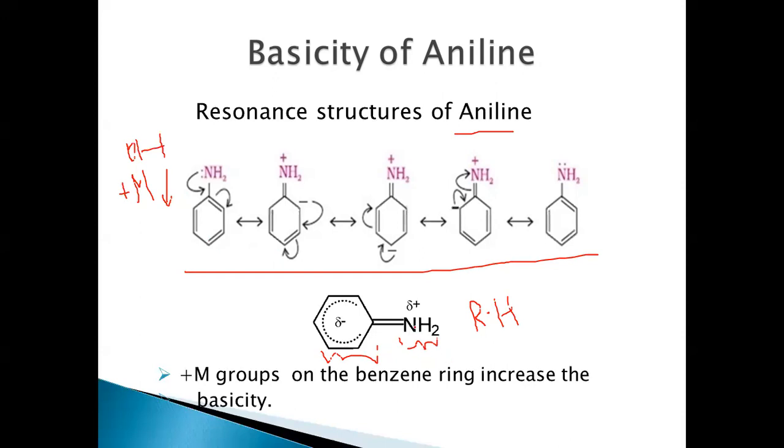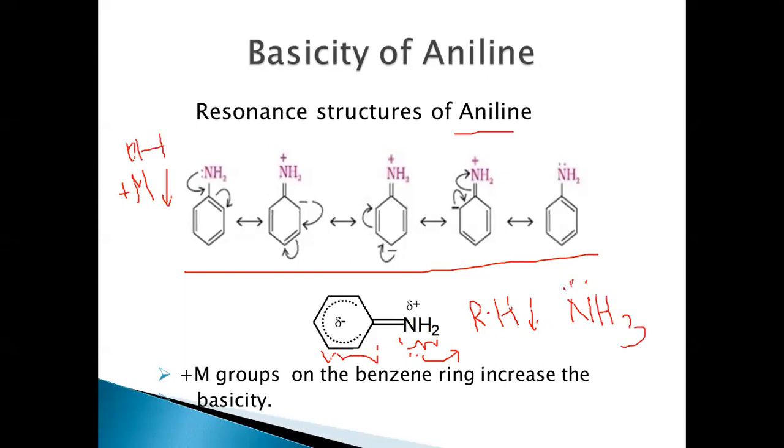And as a result, the electron density on the nitrogen will decrease because of this resonance stabilization, or because of the delocalization of the lone pair of electrons on the nitrogen. And this will decrease the ability of the nitrogen to donate the electron pair, and this will decrease the basicity of aniline when compared to that of ammonia.